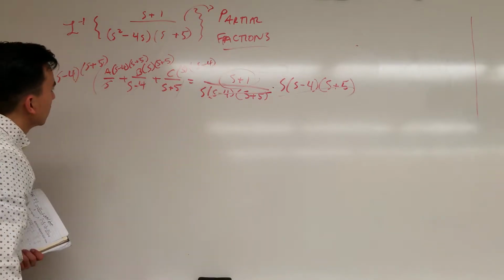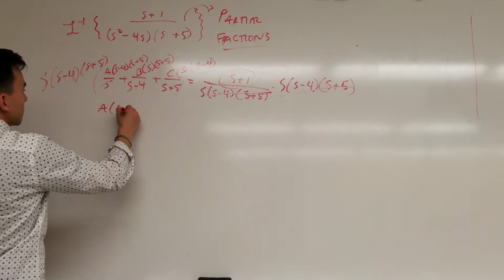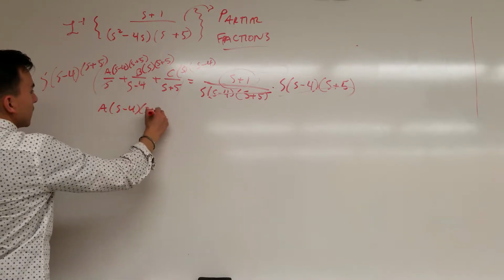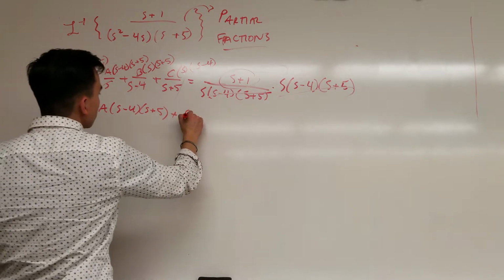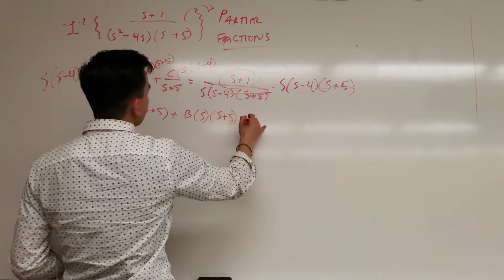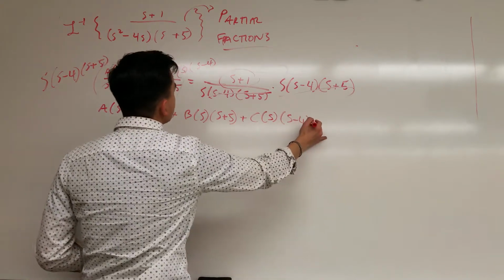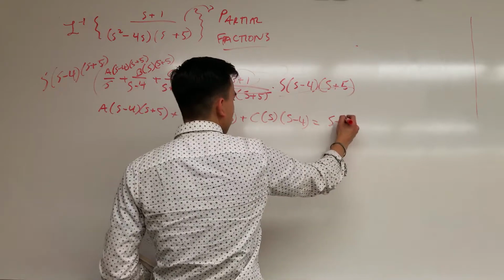Great. So now I have A times s minus 4, s plus 5, plus B times s plus 5, plus C equal to s plus 1.